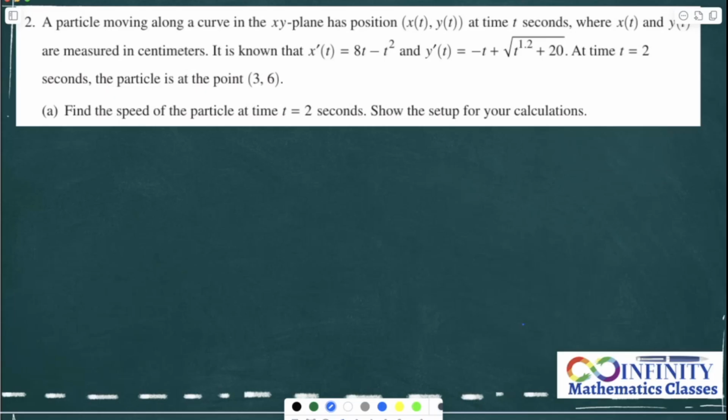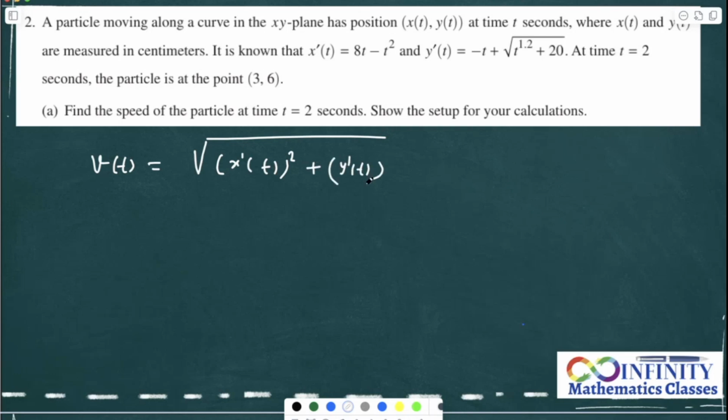Find the speed. Whenever the parametric equations are given to you and I ask you about the speed, let me assume it to be v(t). It is going to be the square root of x prime of t square plus y prime of t square. This is going to be your speed. Any doubt?